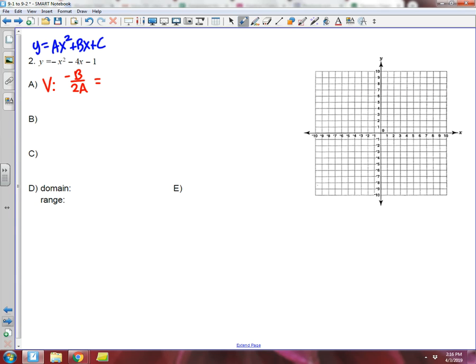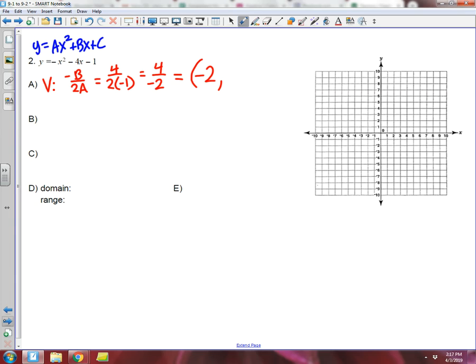What is the B in this problem? It's -4. So if I make it negative, then it turns into +4 over 2 times, what's my A? -1 is my A. So what's actually in the denominator here? -2. What is 4 divided by -2?